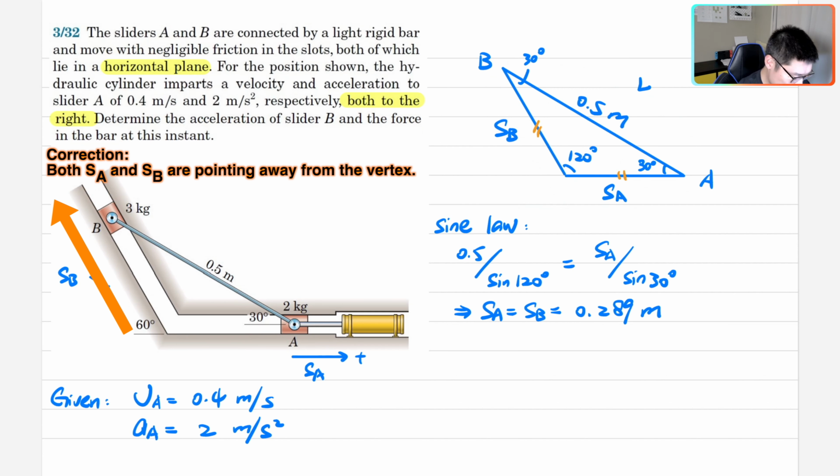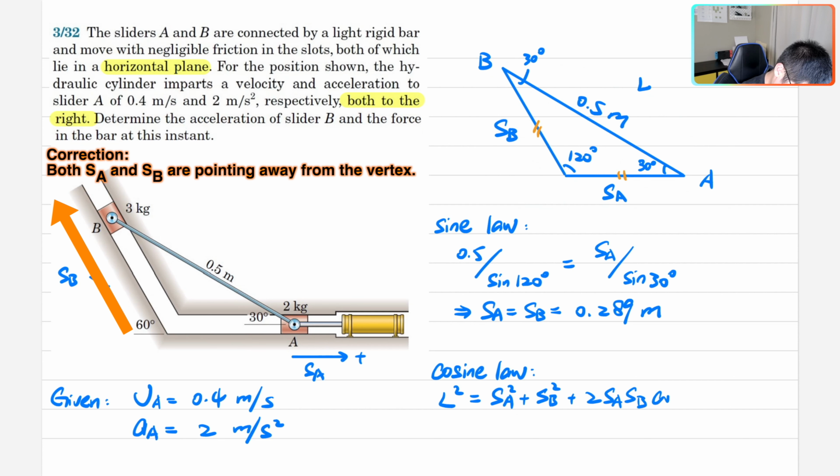So through cosine law, let's see what this can give us. Cosine law, we have L squared equals SA squared plus SB squared plus 2 SA SB cosine 120 degrees.